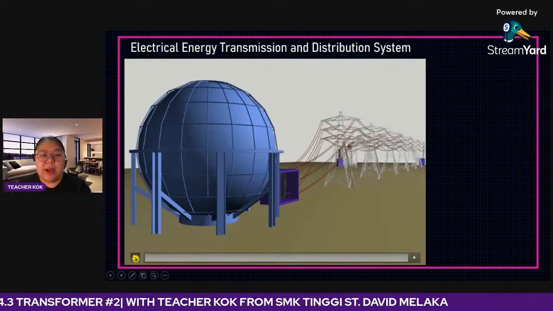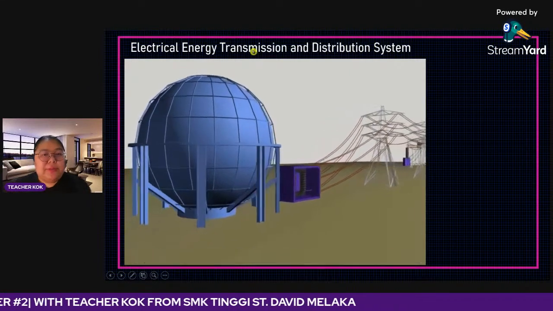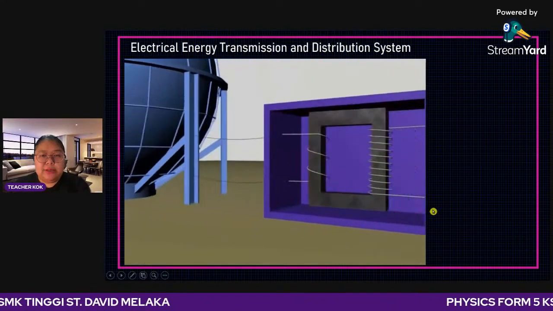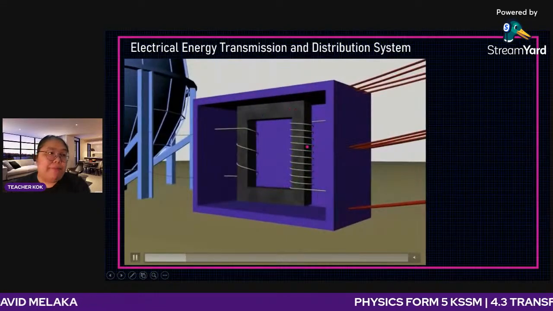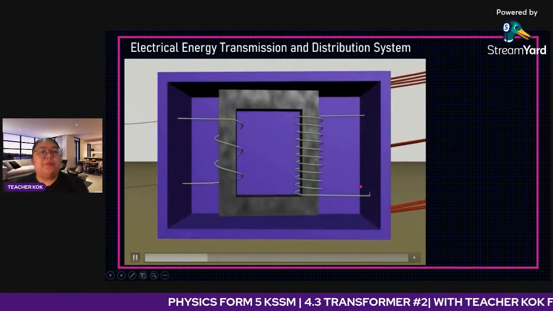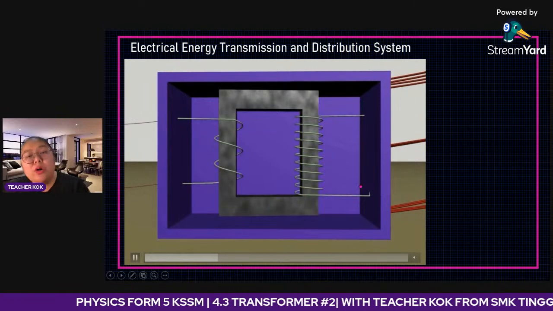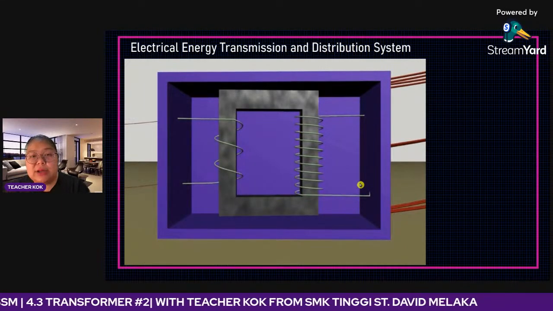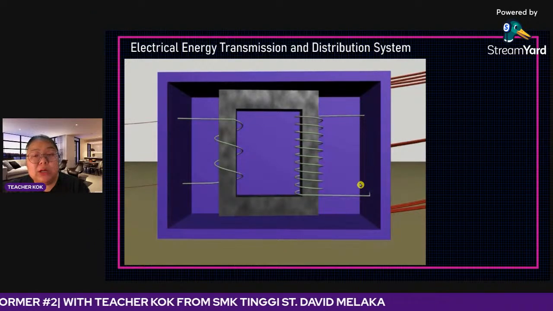Okay, you see the video part. This is the power station. When they start to send, you can see this transformer is a step up. This is the output. You can see the number of turns for the output is more. More turns means the voltage is higher. Now they step up the voltage.